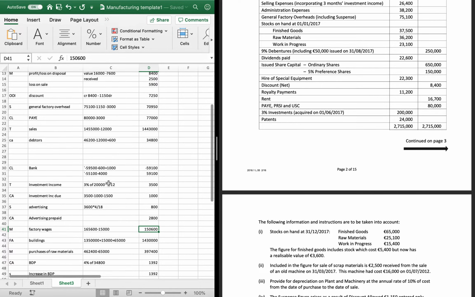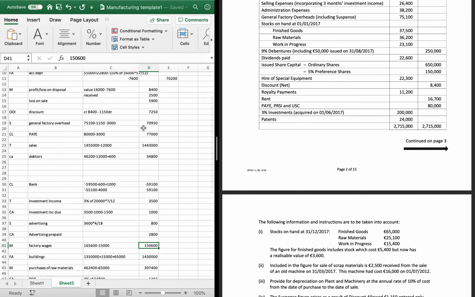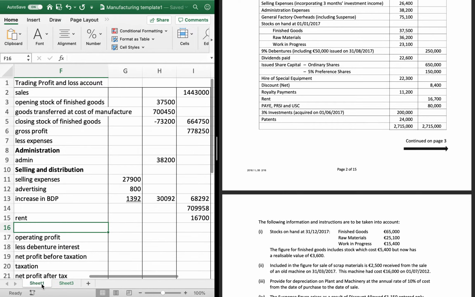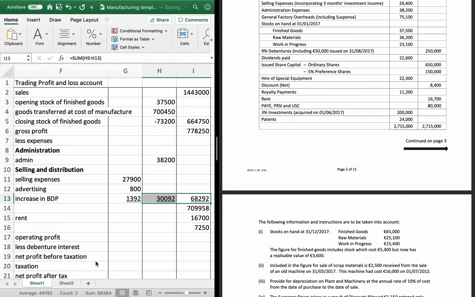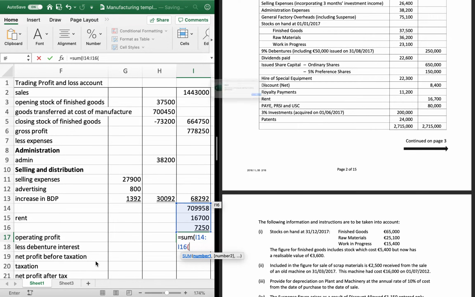So discount of 7250, and that needs to get added on as well. So we'll add them on, and that'll give us our operating profit. 733,908. Geez, I'm not happy with that 8.